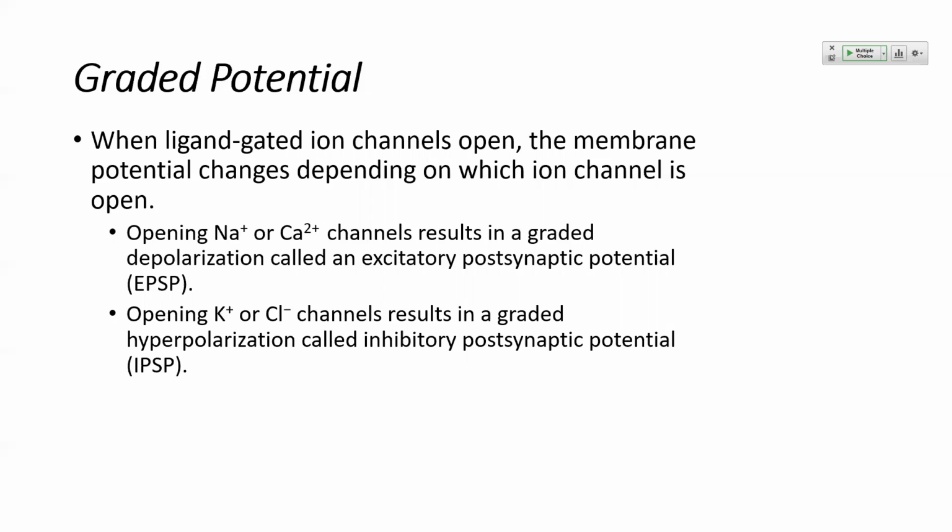And so if we open up potassium channels, all of this positive charge leaves the cell. So it leaves behind a negative environment, which is a hyperpolarizing event. And then we know that chloride is being moved into the cell. Chloride is negatively charged, and so that excess negative charge moving into the cell is also a hyperpolarizing event, okay?